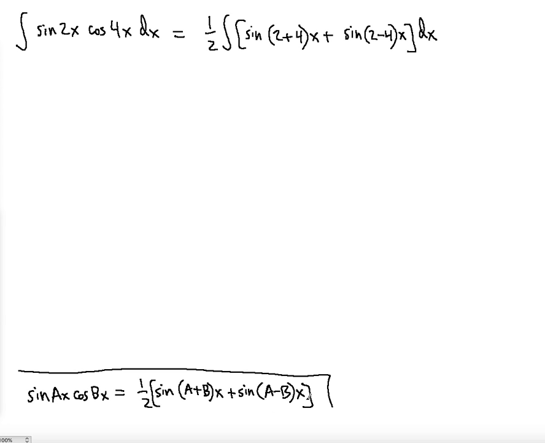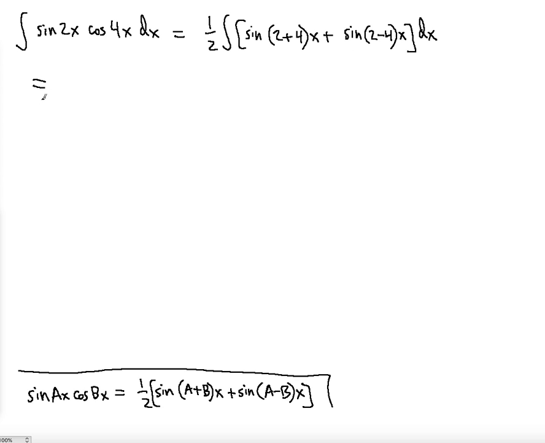That's precisely the identity that I'm using to rewrite this. As you can see, a is equal to 2, b is equal to 4. Even though we have sine and cosine, the resulting identity only deals with the sine, which makes it kind of easier.